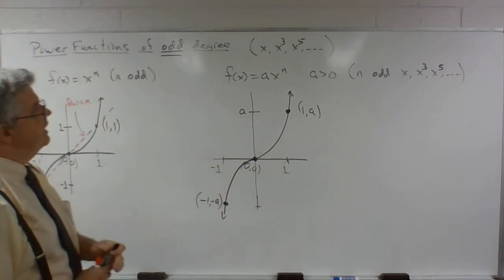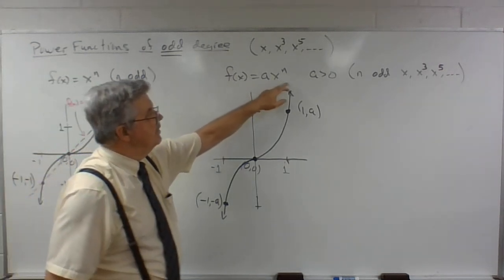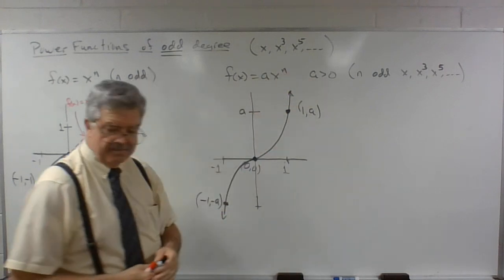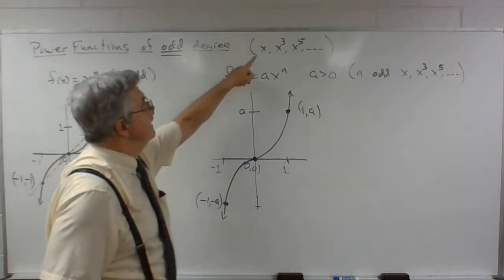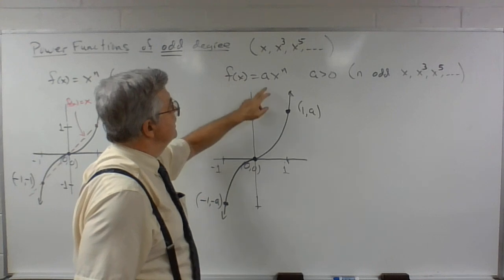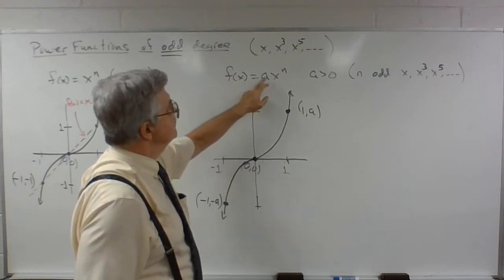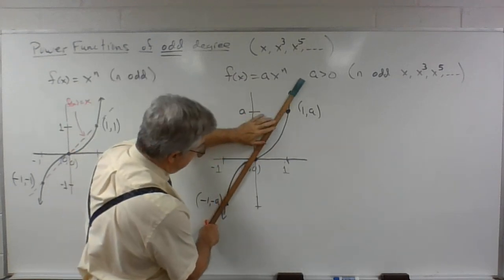And this is what f of x equals ax to the n looks like when a is positive and the exponent is odd. Now we'll have to modify this slightly if the exponent is 1. If the exponent is 1, the graph is f of x equals ax. That's the graph of a line.